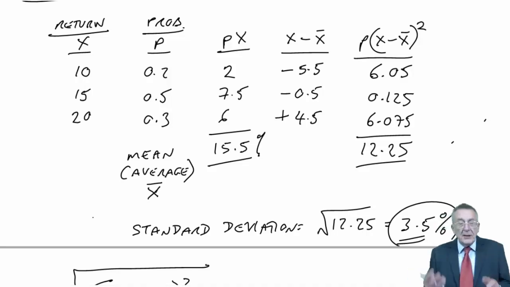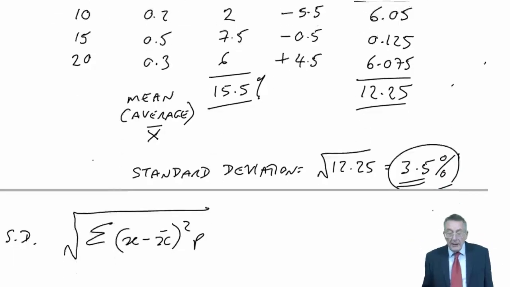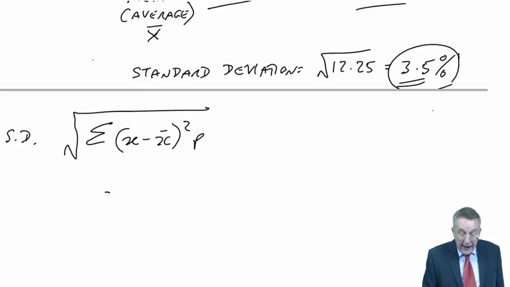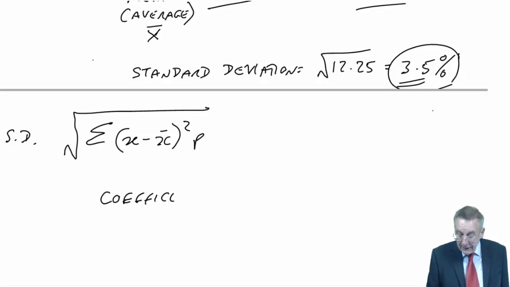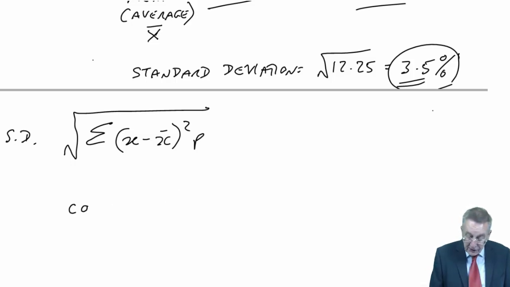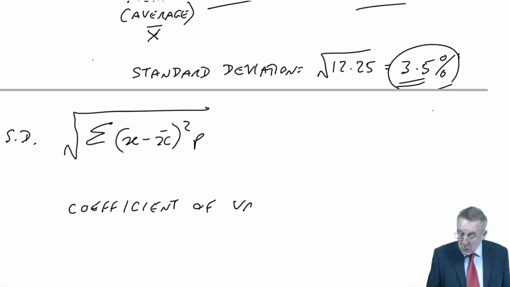And so, to give it an order of magnitude, there's the coefficient of variation.